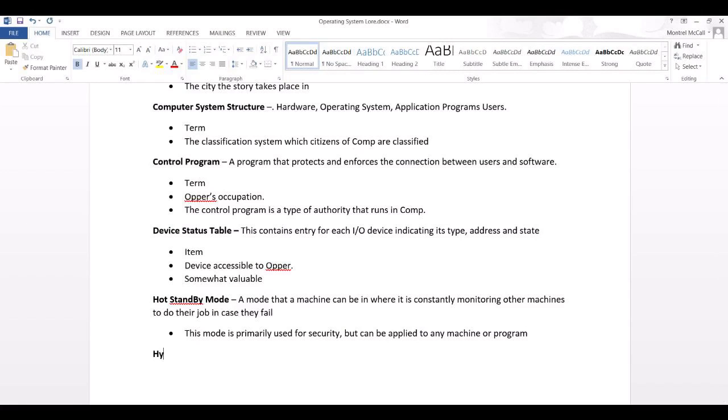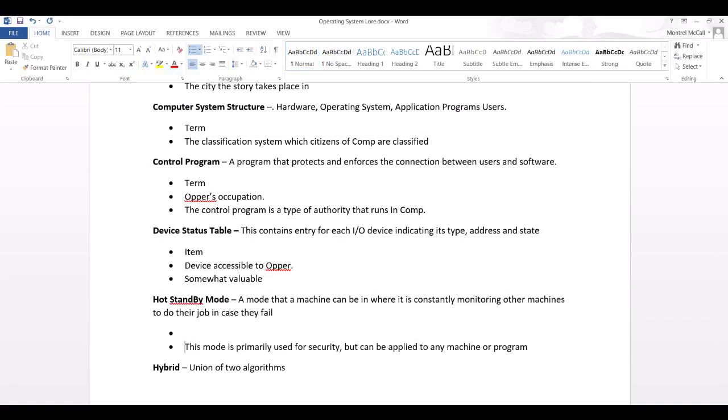Okay? Hybrid. That's going to be a union of two algorithms, and that's not really complicated. This is going to be a term. Oh, snap. This up here, I didn't decide whether or not it was a term or not. Yeah, this is going to be a term.